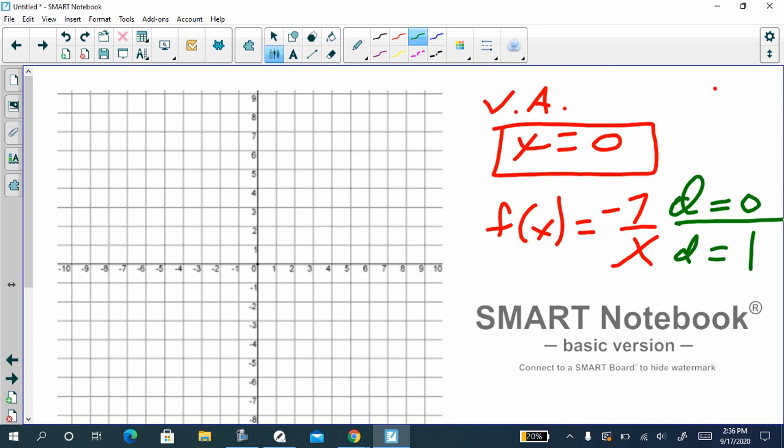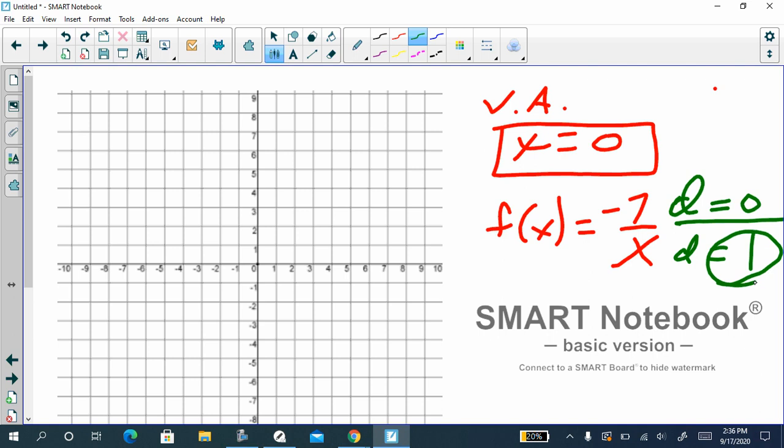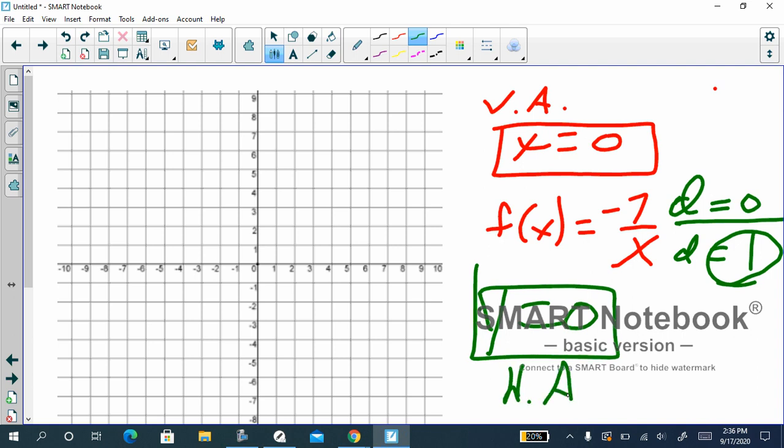So our rule is if the degree on bottom is bigger, our asymptote is horizontal at y equals 0. We have a horizontal asymptote at y equals 0. So two asymptotes. Y equals 0 is a horizontal asymptote. X equals 0 is a vertical asymptote.